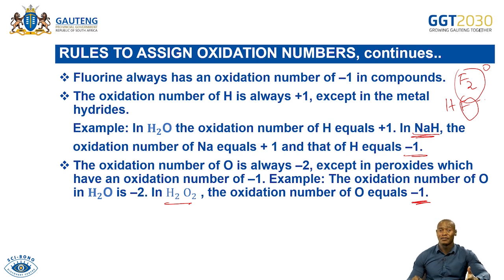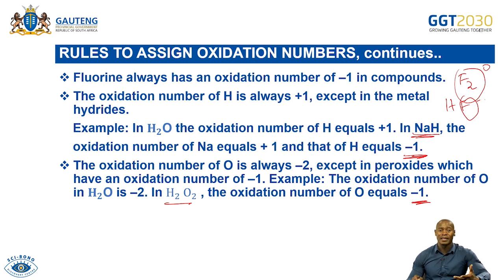It's like when it comes to hydrogen, its oxidation number in almost all the cases is +1, but when it comes to metal hydrides, it changes. In sodium hydride, its oxidation number is no longer +1, but -1. That is the only exception. Same with oxygen.